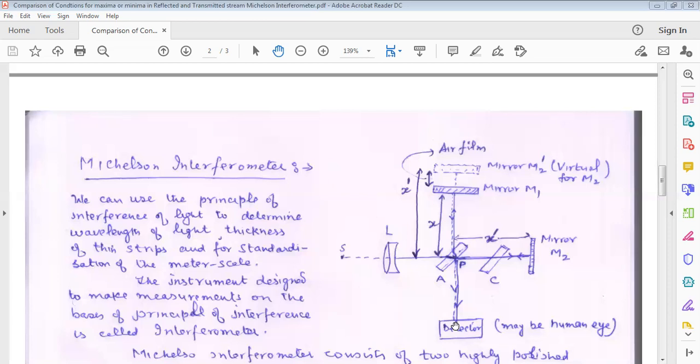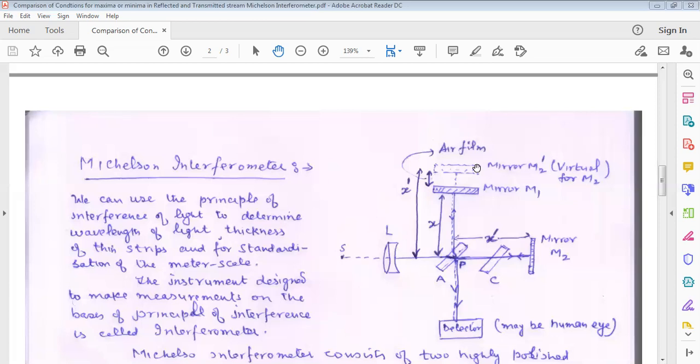We can count, we can continuously make this mirror move either towards plate A or away from plate A. What will it do? Since M2 is fixed, its virtual image, mirror M2 dash, will also be fixed. The movement of mirror M1 will change the width of the film trapped between the surface of mirror M1 and the surface of mirror M2 dash.